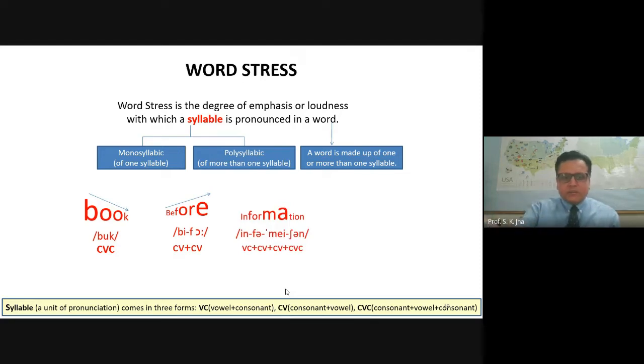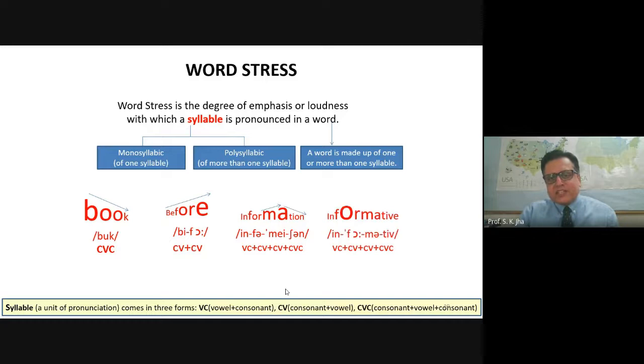That why part will come next. Just now I said, why do you say information and why do you say informative? So these things will come, but here I have just shown you the composition of syllables. There are three possibilities in which a syllable may come: CV, VC, and CVC.